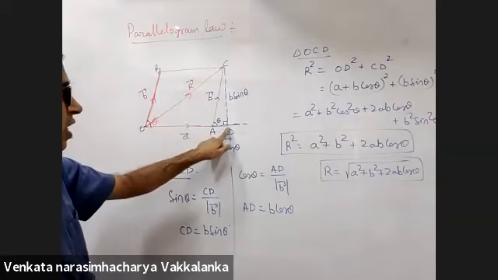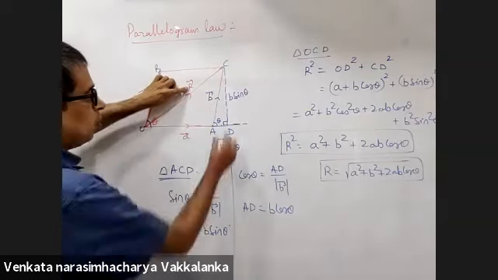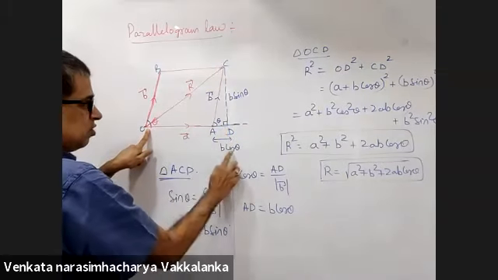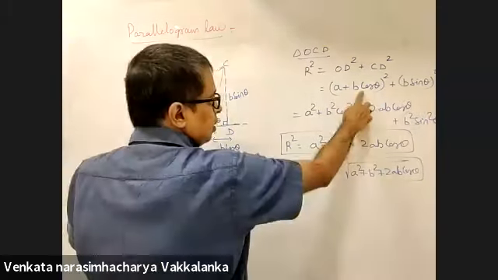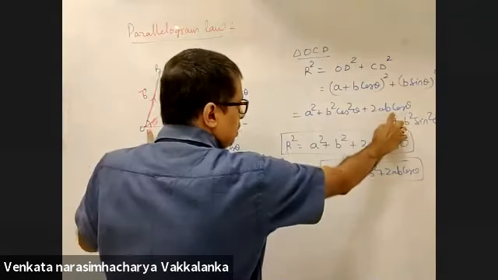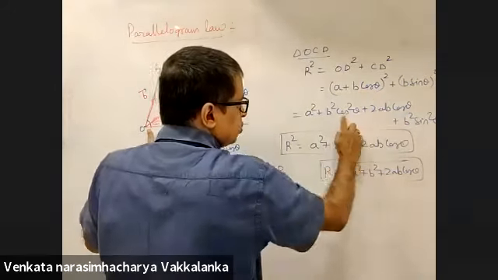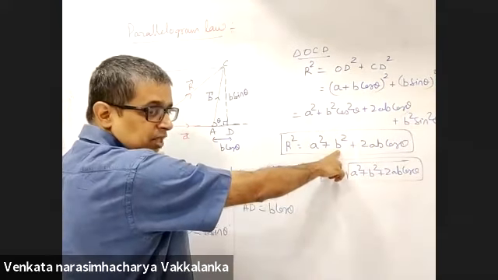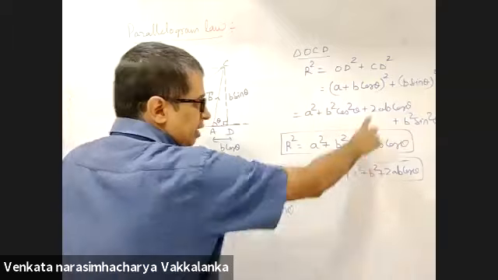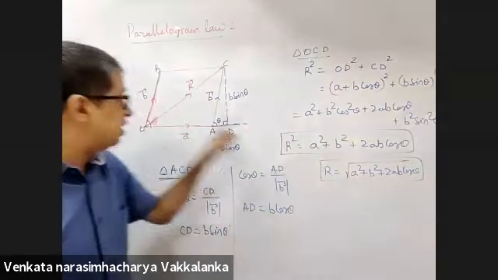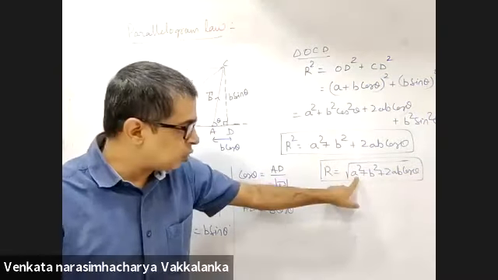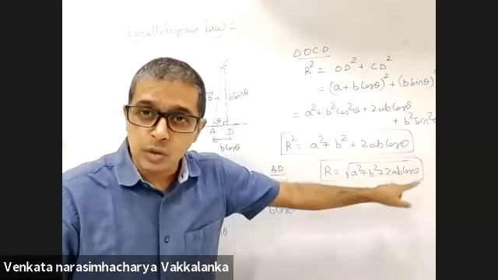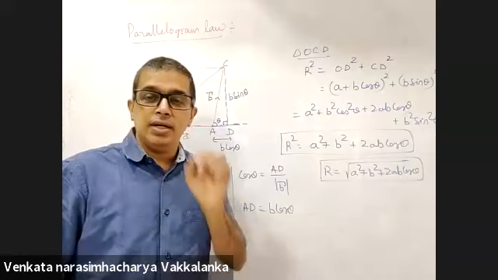Triangle OCD. R square will be this square plus this square. This is A plus B cos theta. You applied A plus B whole square. B square cos square theta plus B square sin square theta is B square. Hence, resultant R will be root over of A square plus B square plus 2AB cos theta.